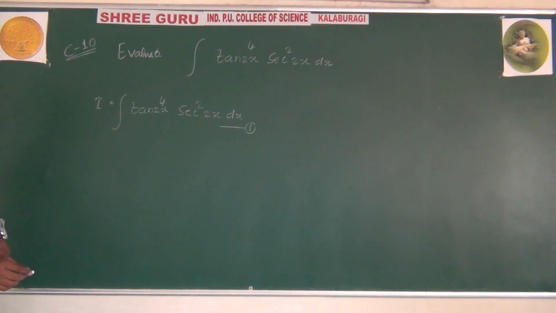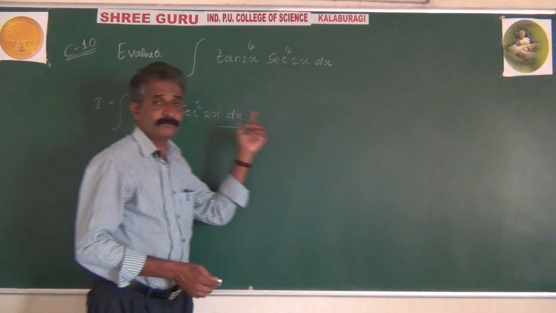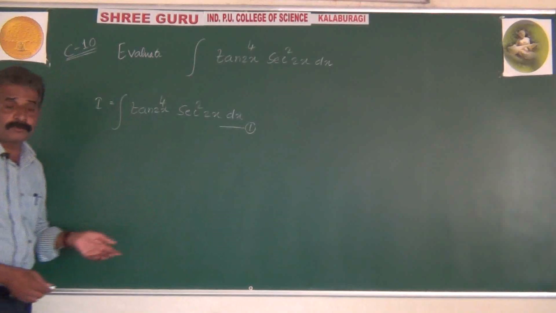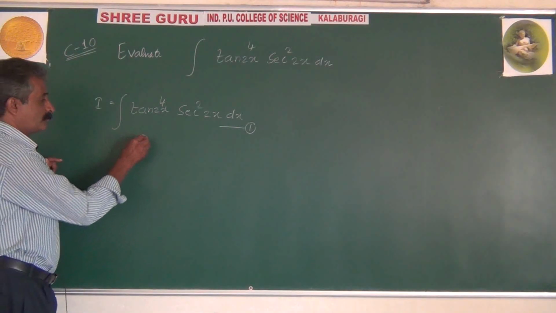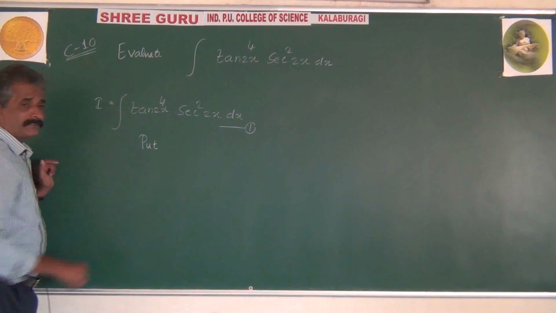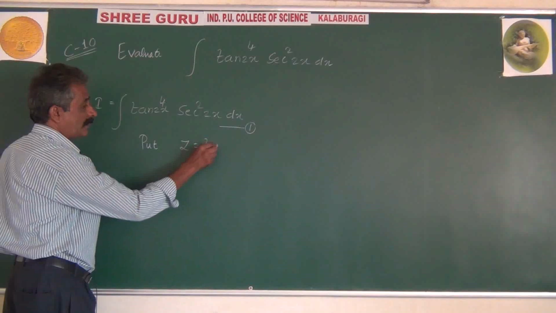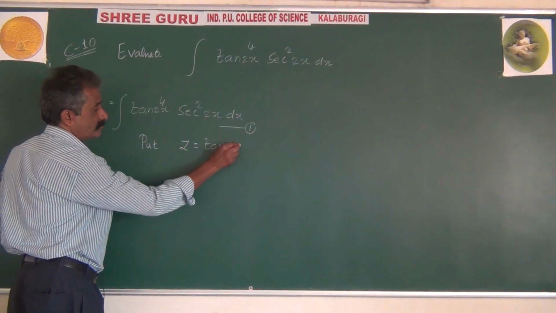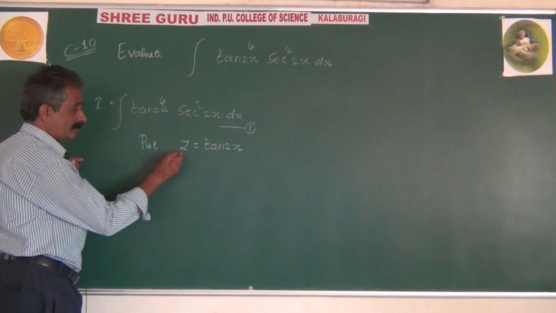So in view of differentiation, the derivative of tan 2x is in the form of secant square 2x. So we shall put tan 2x equal to t. You can take t or z, anything. Say z. Put z equal to tan of 2x. Compulsorily differentiate with respect to x.